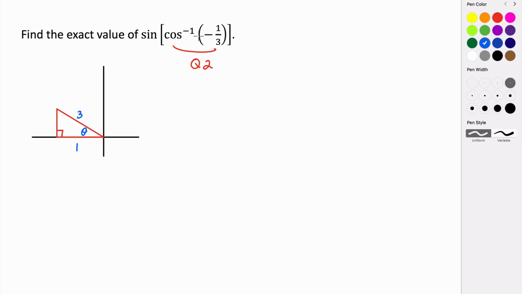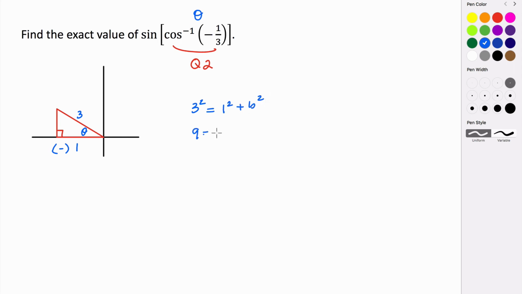So we know that the inverse cosine of negative 1/3 is just going to give us the value theta, which is this angle measure here. But we don't actually need to know what the angle is. We just need to draw a triangle so that we can use it to find the sine. Again, we know that the adjacent side is negative because the x is in the negative direction. So let's find the last side. 3 squared equals 1 squared plus b squared.